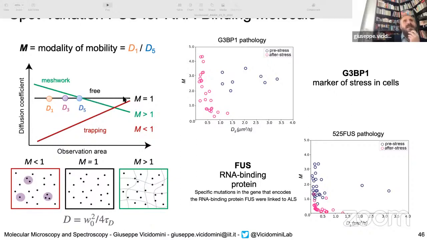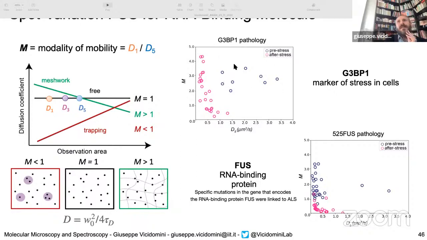But in this case, free diffusion is characterized by a straight line, which does not change across the observation volume. When it's a meshwork, we have a negative slope, and when there is trapping, we have a negative slope of the diffusion law.